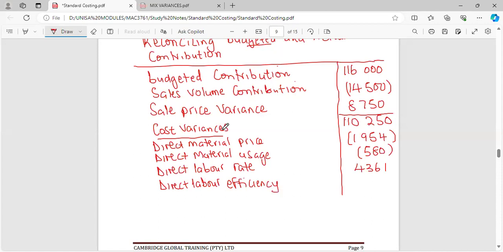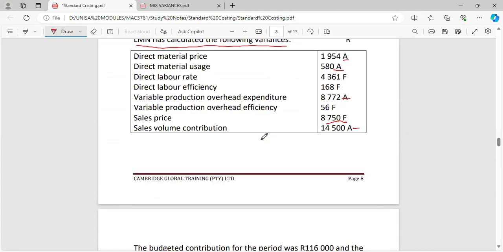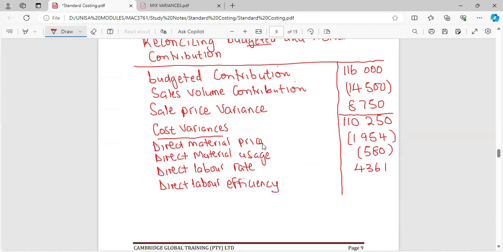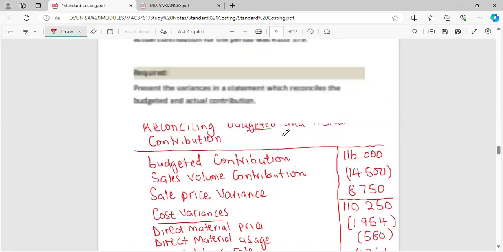We say the direct labor efficiency is 168, which is also favorable. So a favorable, you add it. We now know the reason why we should add it.